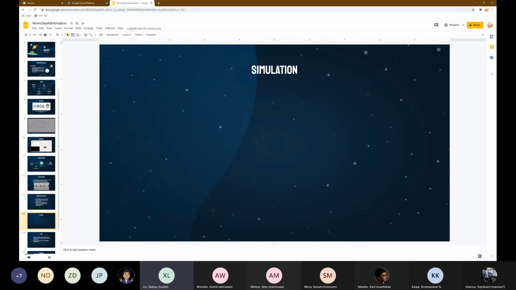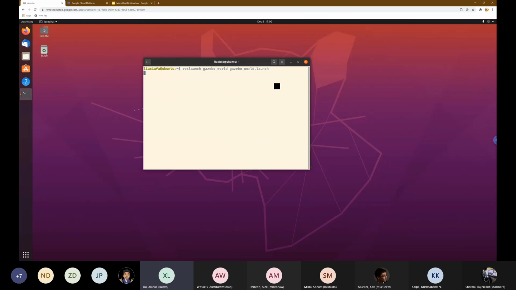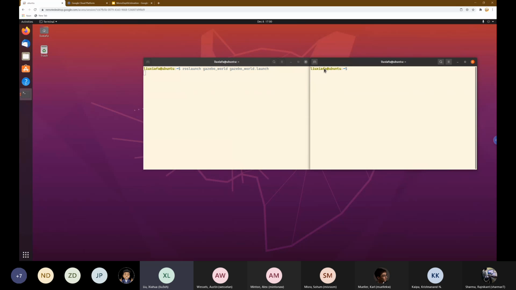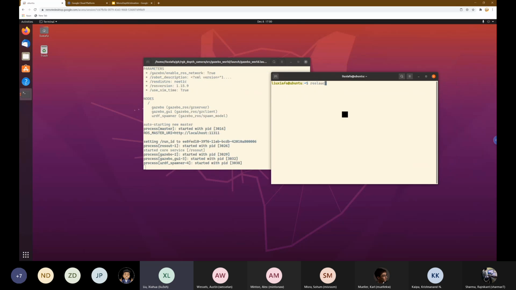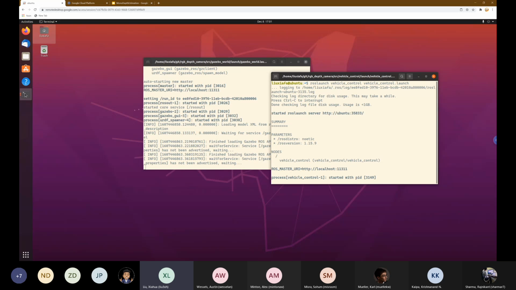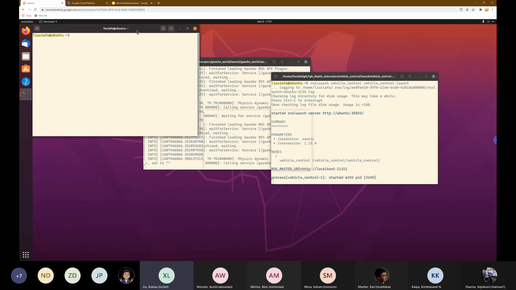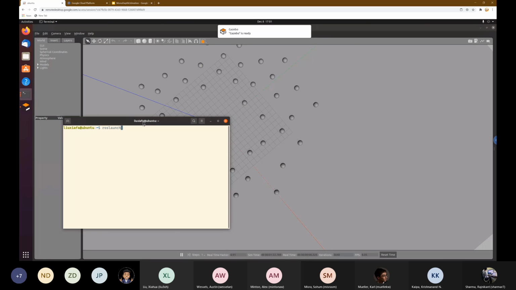So this part is the simulation. Here is the Gazebo world, here is the vehicle control part, and I still need the depth estimation.